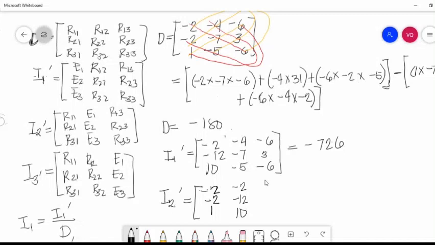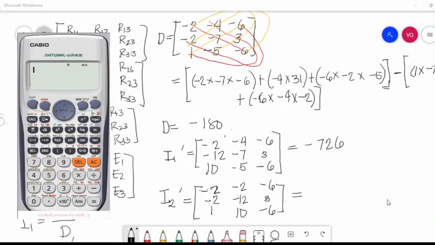Third column is negative 6, 3, and negative 6. So if we will input the matrix I2 prime using a scientific calculator, so mode 6, 1, and 1, 3 by 3.